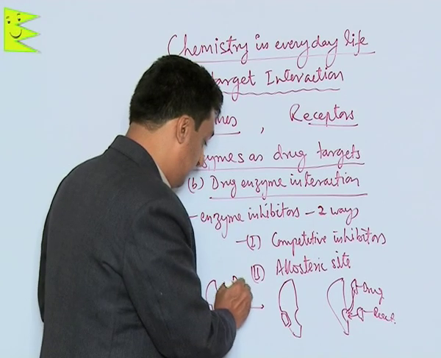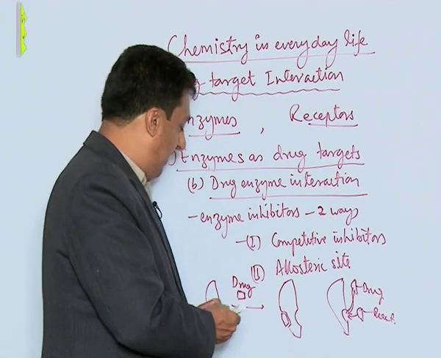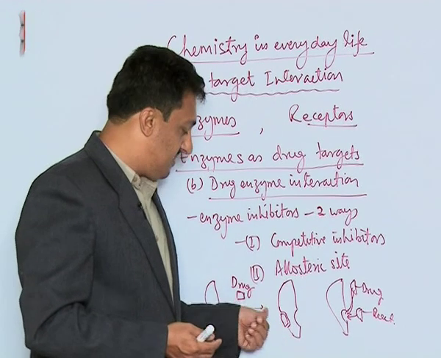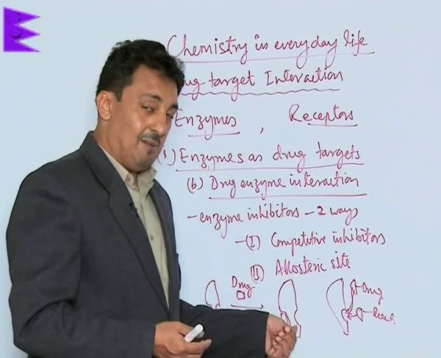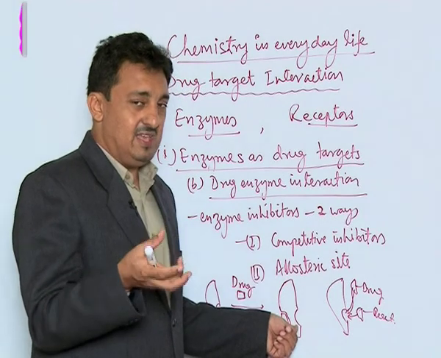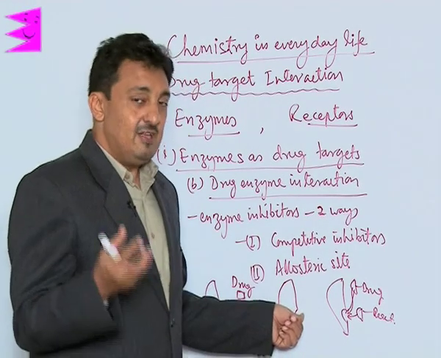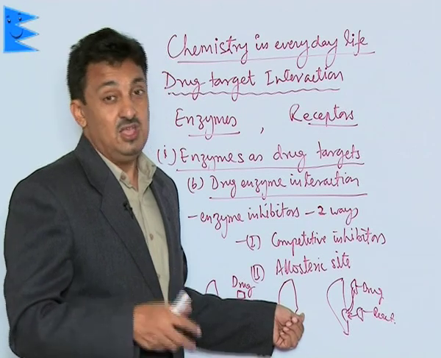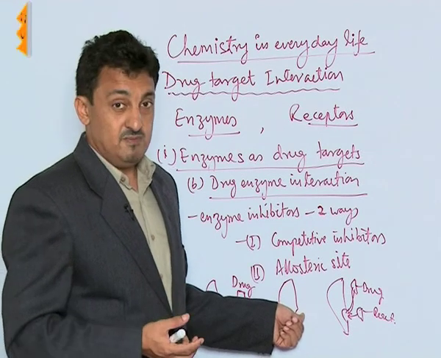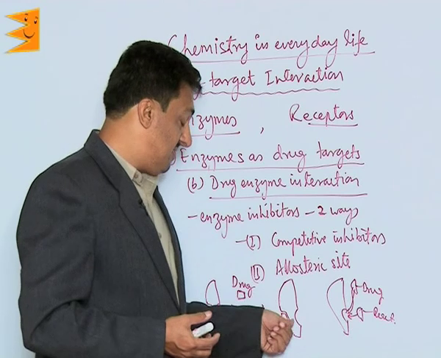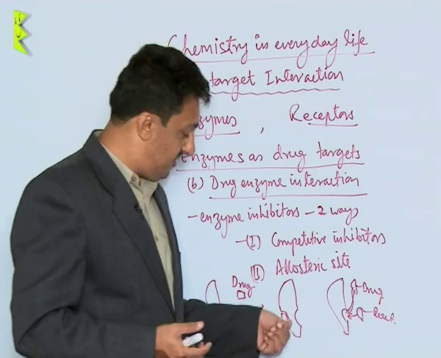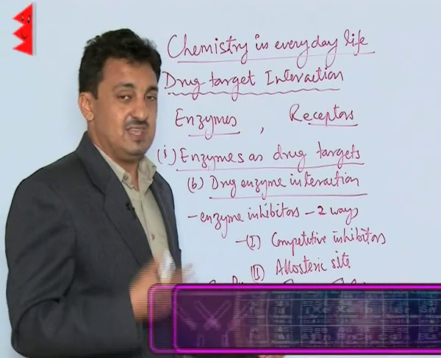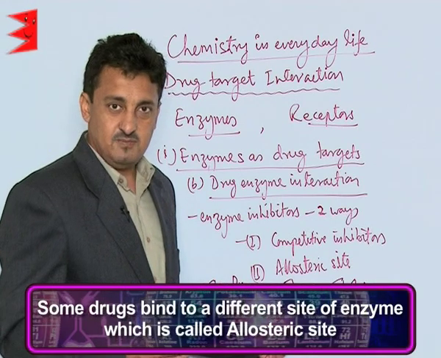This drug binds itself to some other site of the enzyme, and when it gets bound to the enzyme, the shape of the active site gets changed, due to which it won't be able to absorb the substrates on the surface, and this is how the enzyme activity is stopped. Such types of sites are called allosteric sites. So this is an allosteric site, and due to these allosteric sites, they can stop the enzymatic activity.